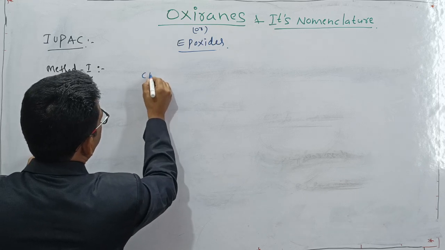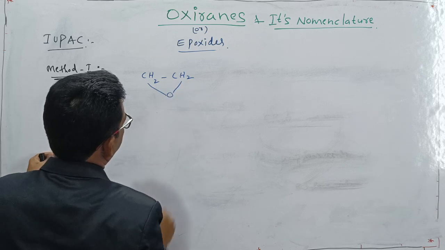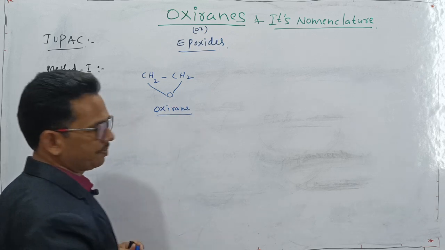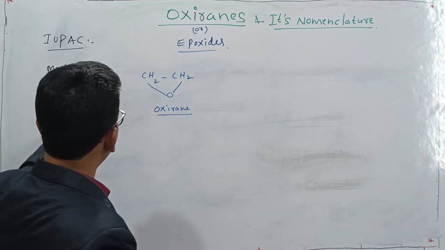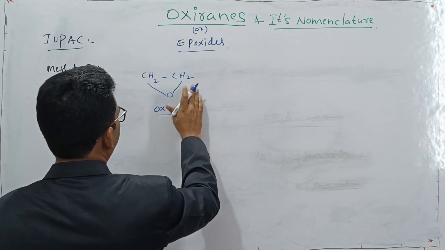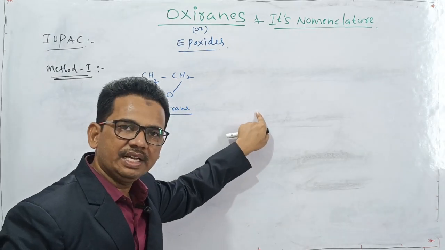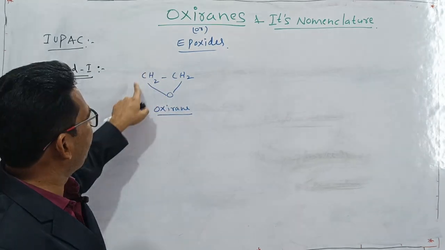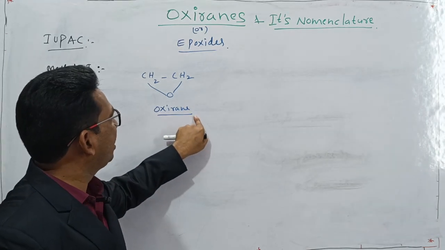I will write here. This is called oxirane. How are we giving the nomenclature for this one based on method 1? Oxirane we are using as the suffix, and substituents we are using as the prefix. This is the main name, that is called oxirane.